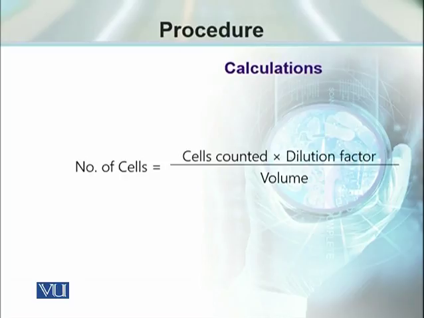So we need to have dilution factor, we need to have cells counted, and the total volume of the area which we use for counting in order to find out the number of cells per milliliter, per microliter or per liter of the sample. Using this method, we can count any type of cells in per microliter or milliliter of the sample, and that number can subsequently be used to decide about the dilution of the sample.